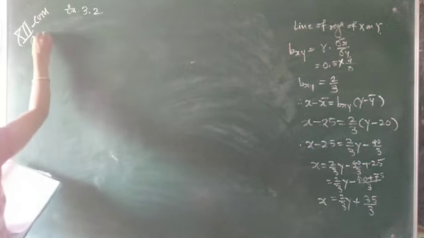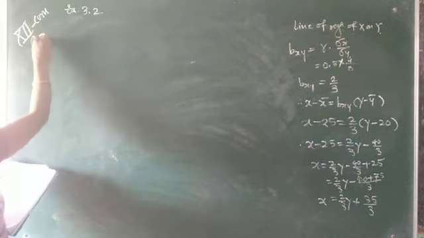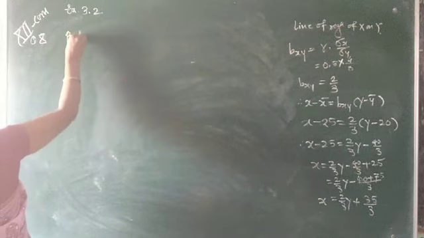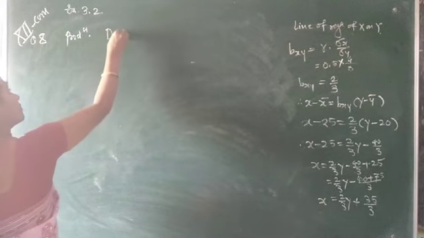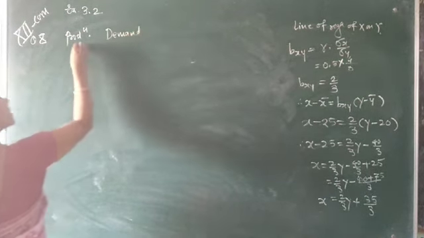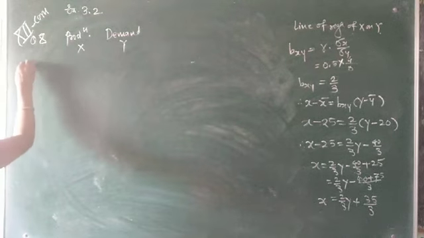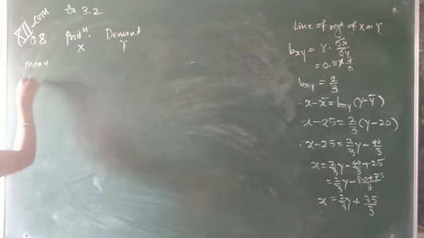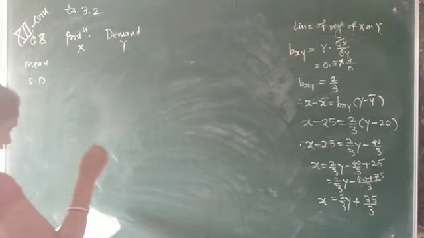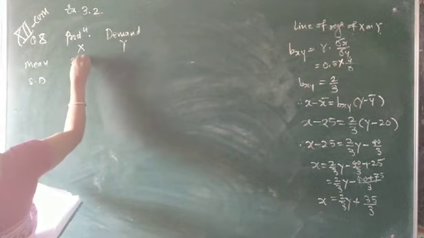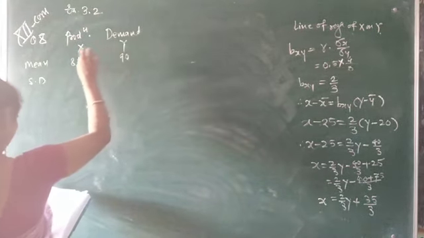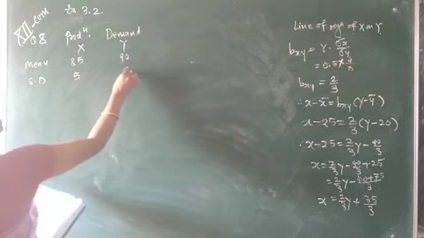Production and demand. Production is x and demand is y. Again we are given the mean and the standard deviation. Mean of production is 85 and of demand is 90. Here the standard deviation is 6.